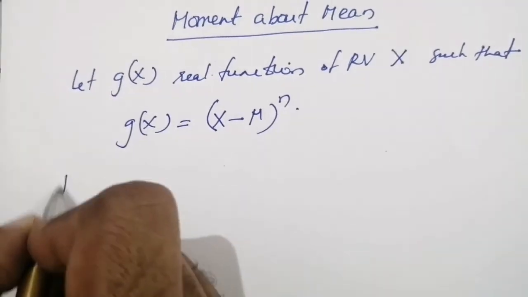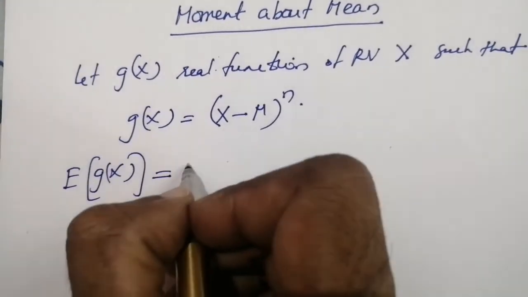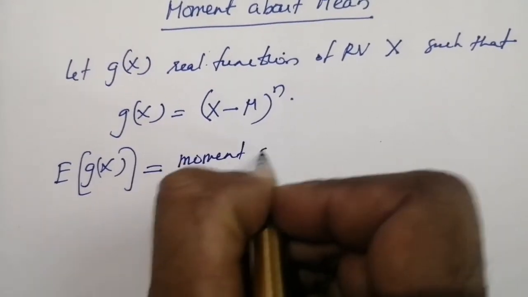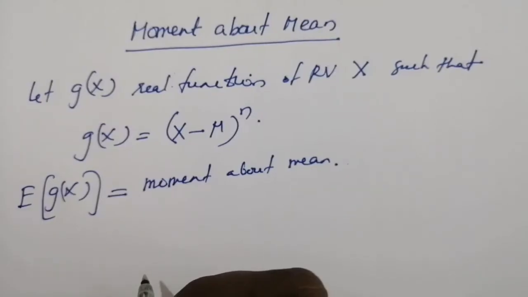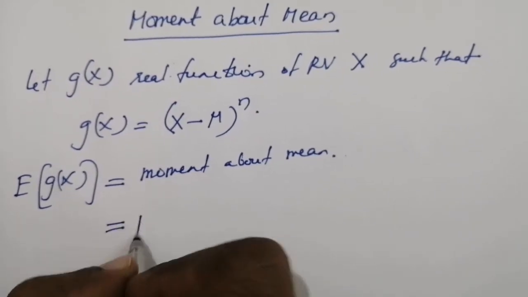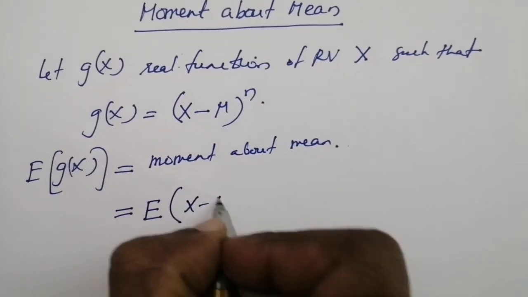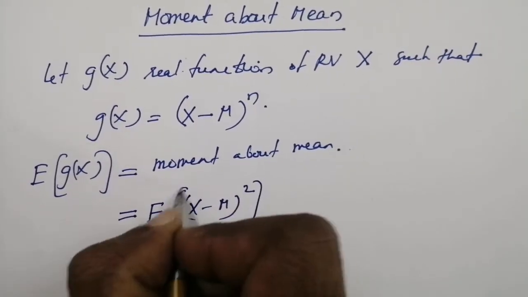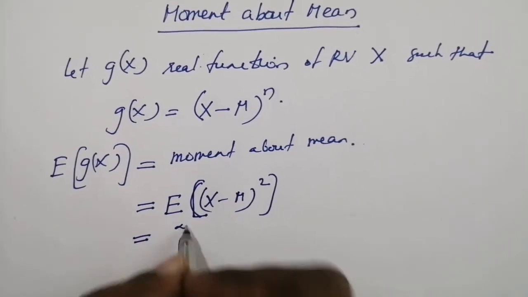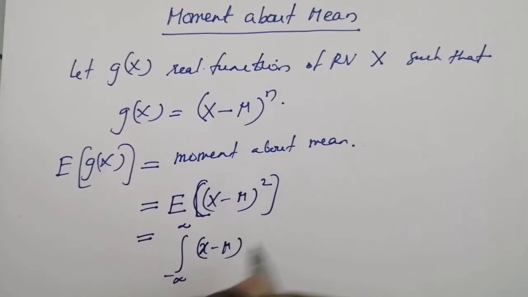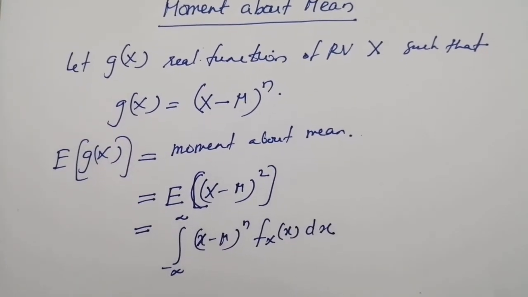Now the expected value of g of x we will call the moment about the mean. So this can be written as the expected value of (x minus mu) raised to n, which is the integral from minus infinity to plus infinity of (x minus mu) raised to n times f_X(x) dx.